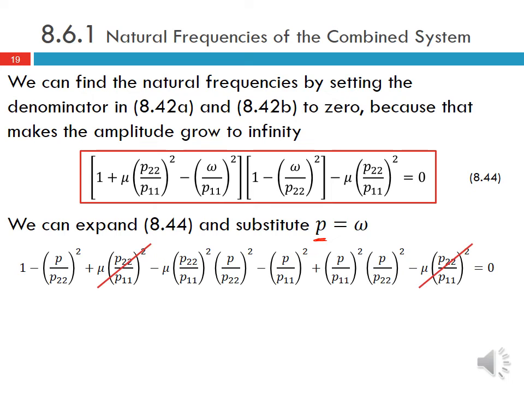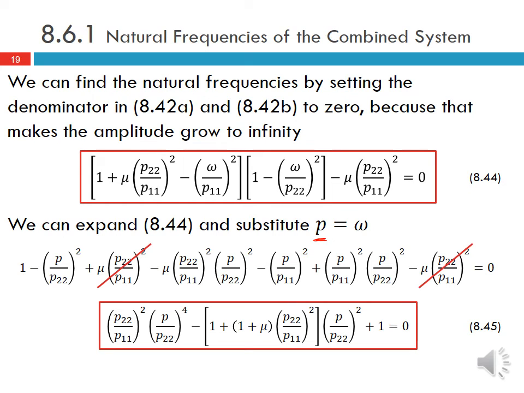So we'll expand this out and we can cancel out some of the terms, and we get this expression here. So this is a quadratic equation for p over p22 squared. You can see that p over p22 to the fourth and p over p22 squared here.